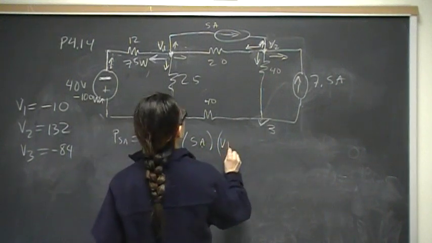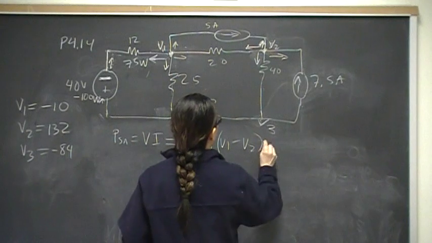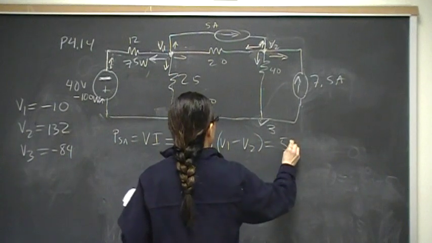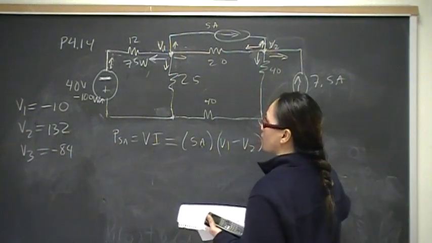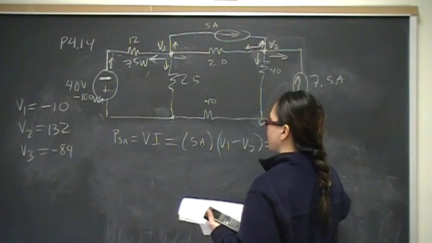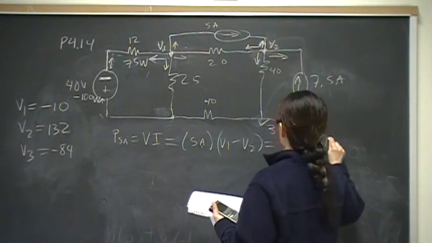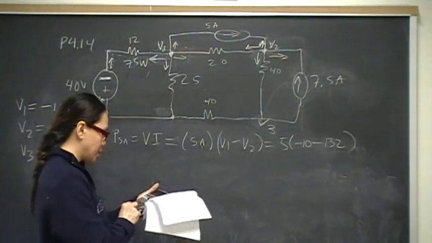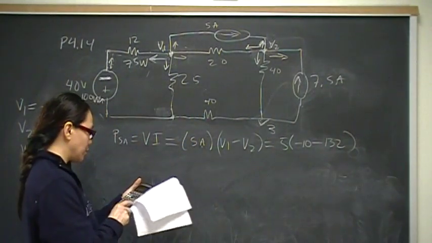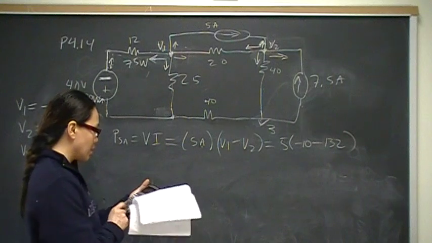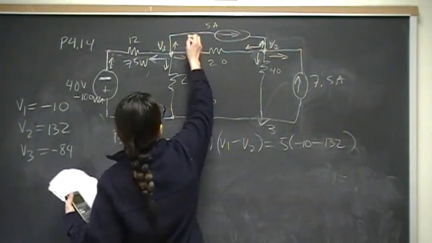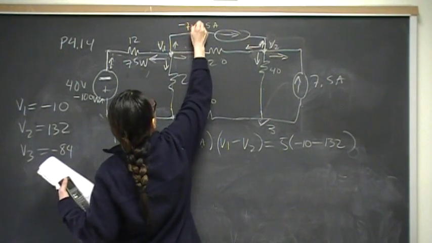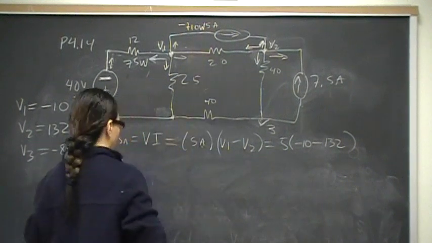V is V1 minus V2, which is going to give me 5 times V1 minus V2, negative 10 minus 132, and that will give me negative 10 minus 132 times 5, which is negative 710. Negative 710 watts for that one.